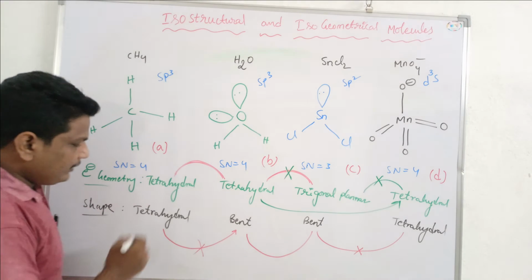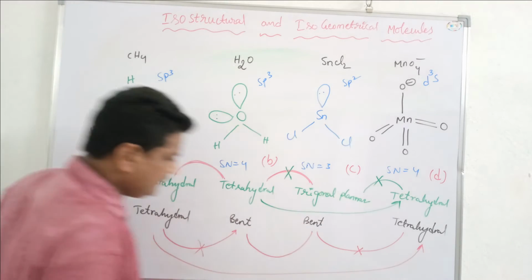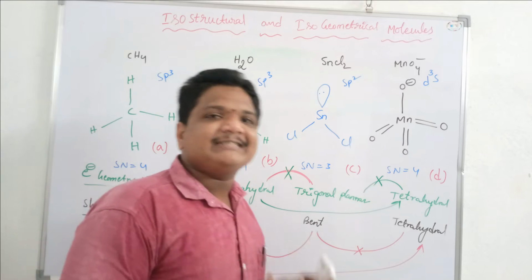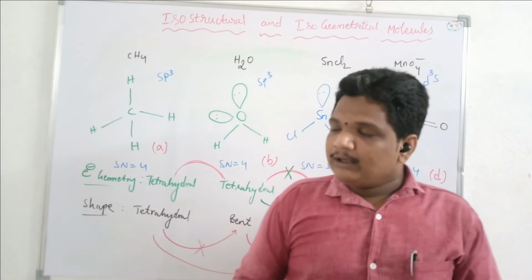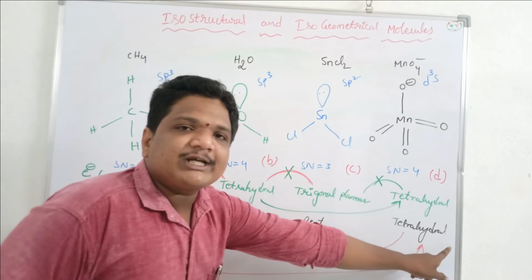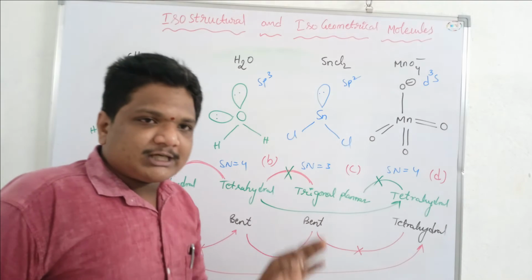If you see A and D, they have the same kind of shape, so A and D are isostructural species.